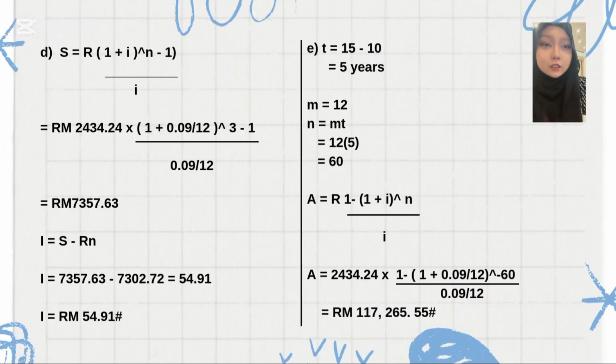Okay, for the question D, it says that Anzana failed to pay the 88 and 89 installments. How much should she pay on the 90 installment for the remaining payment to be on schedule? Hence, determine the interest charge for the late payment.